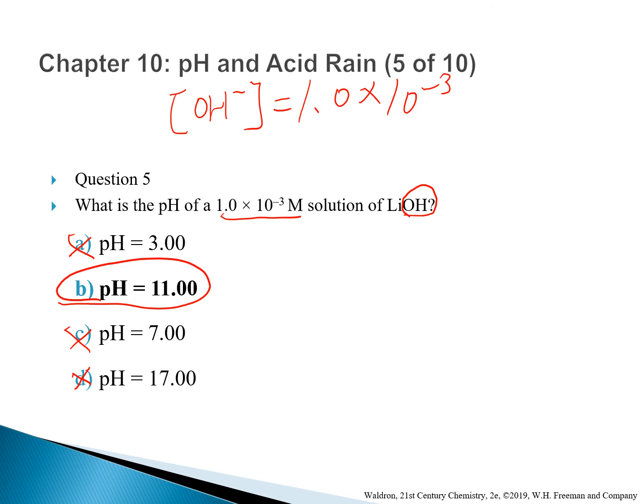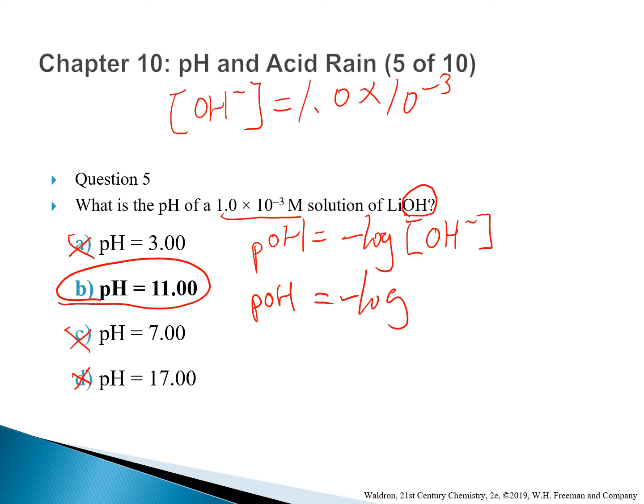If you want to do this question mathematically, what you're going to do is pOH is equal to negative log of the concentration of OH minus. And then you plug in the concentration of hydroxide, which is 1.0 times 10 to the minus 3.